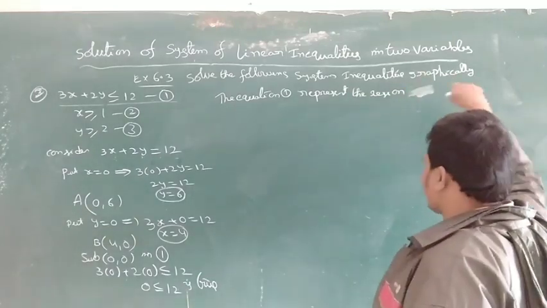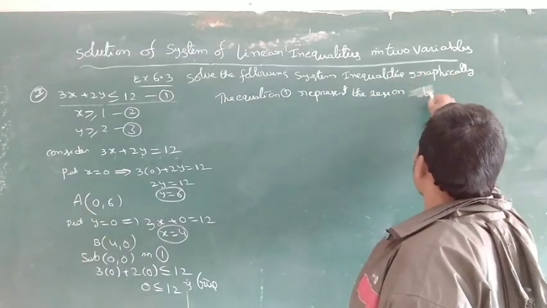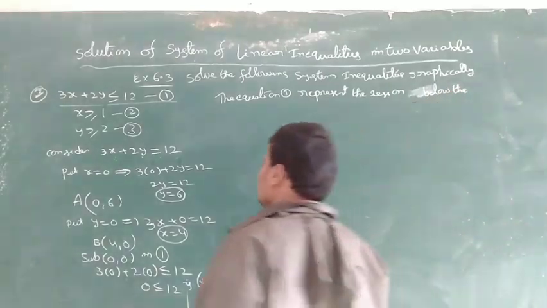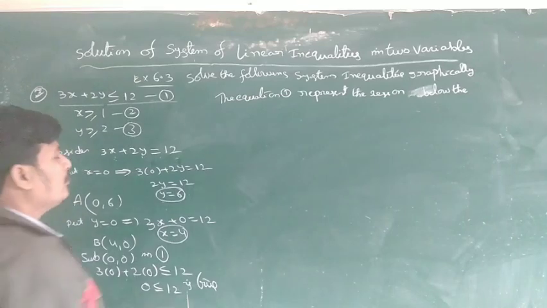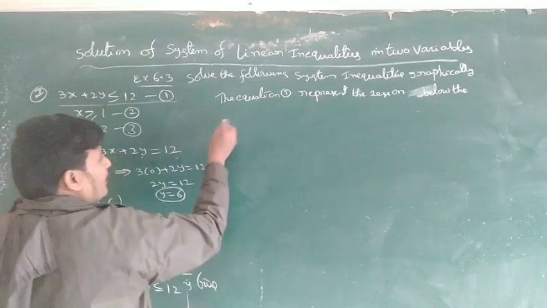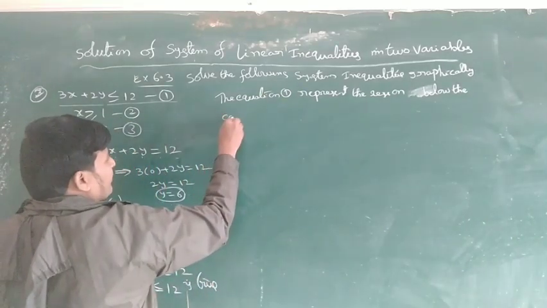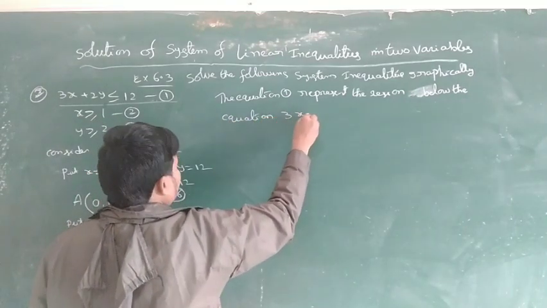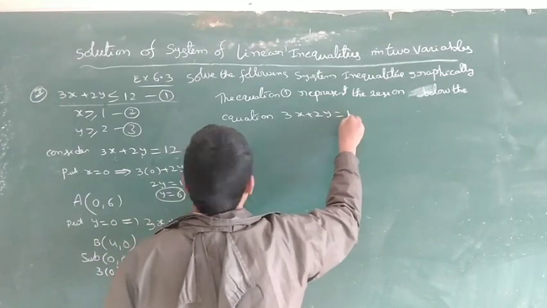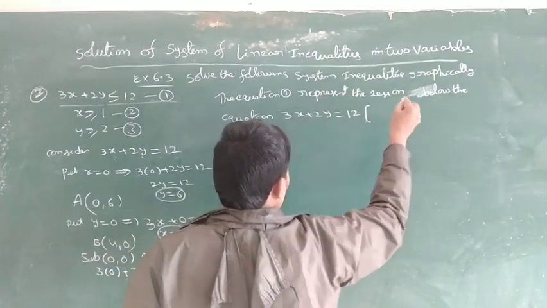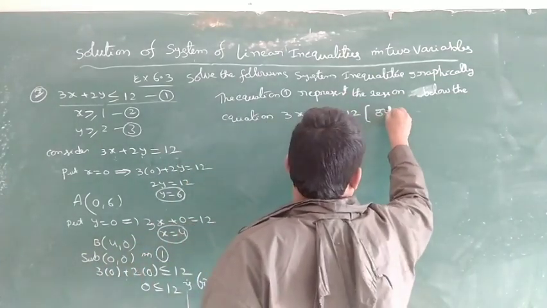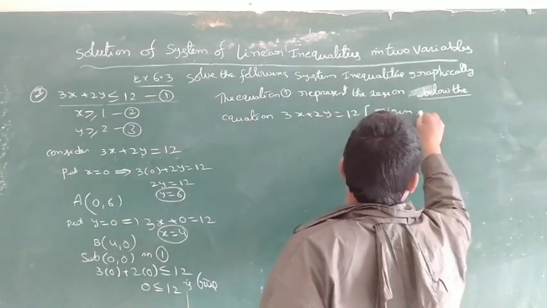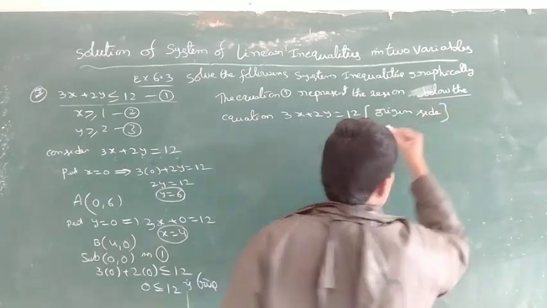Origin side means compulsorily below the equation 3x plus 2y is equal to 12, the origin side. Below means origin side.